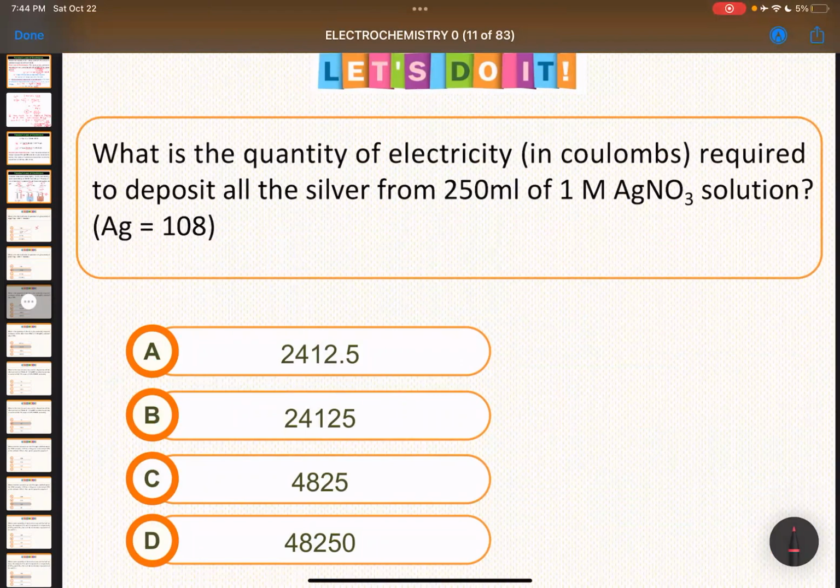What about this one? How much quantity of electricity is required to deposit silver from 250 ml of 1 molar AgNO3?